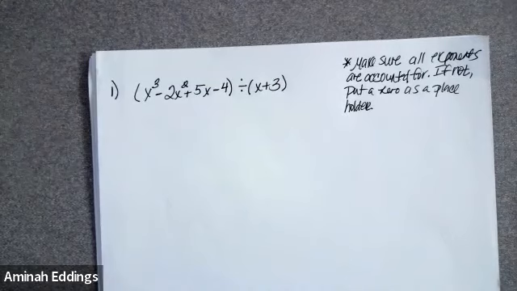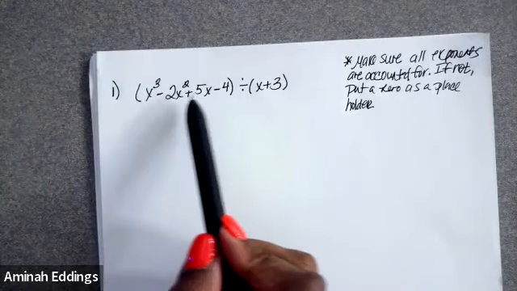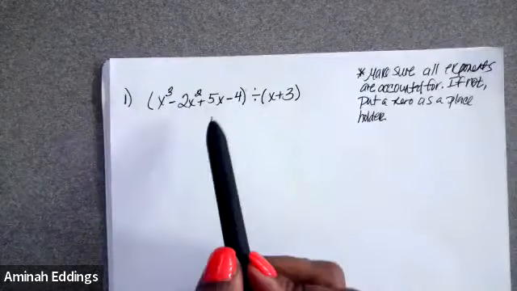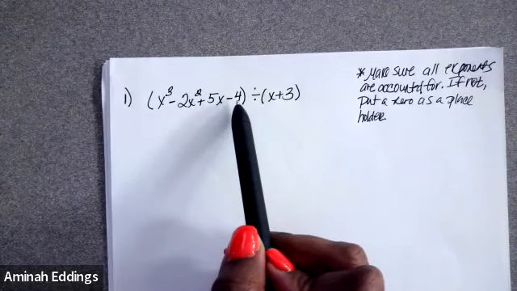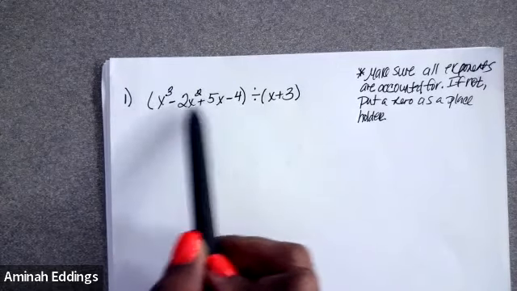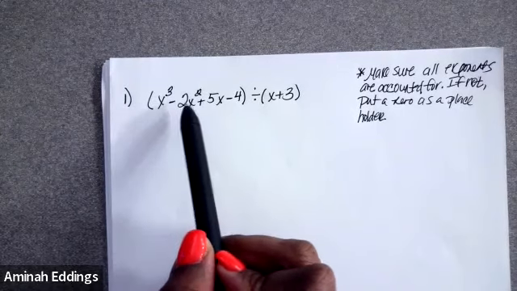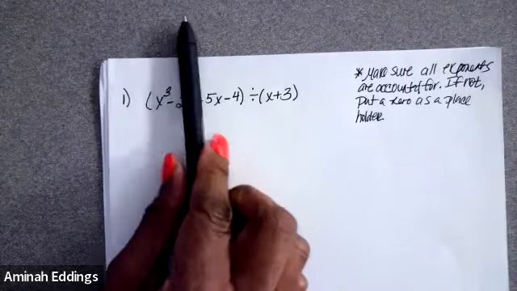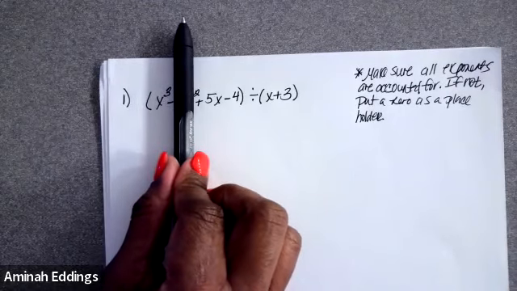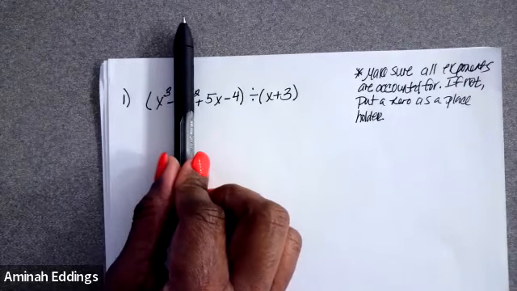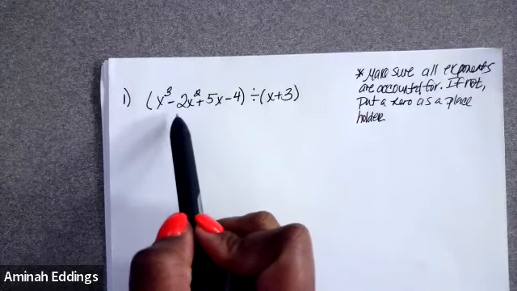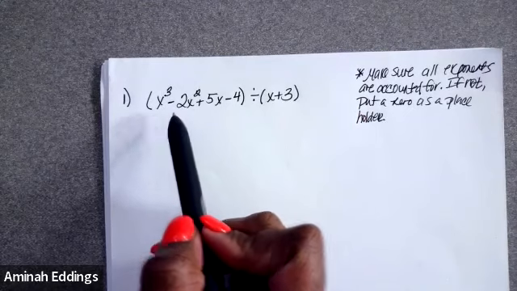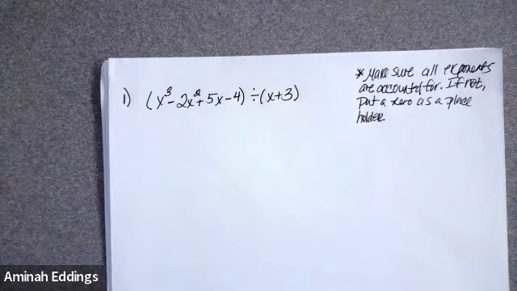So what I mean by that is when we look at the polynomial, the highest exponent is 3. When we count backwards, we should have x to the second, x to the first, and then 0. If we're missing an exponent somewhere in here, for example, if this 2x squared was not there and it automatically jumped from x cubed to 5x, then we would have to put a 0 there as a placeholder, and so it would be 0x squared, okay? But in this case, we have everything.